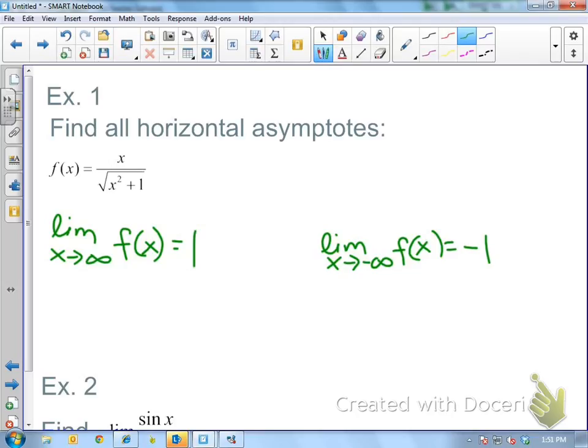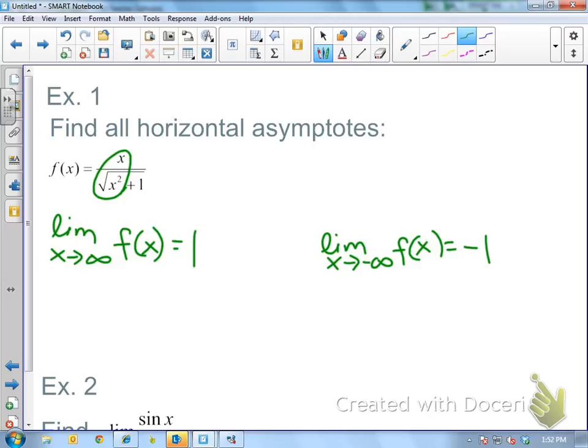So we had to consider the degrees of our numerator and degrees of our denominator. By degree, we mean the highest power. So what's the degree of our numerator? Power on that polynomial. It's not a trick question.